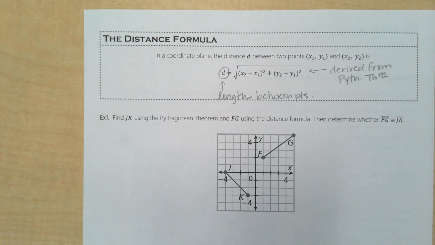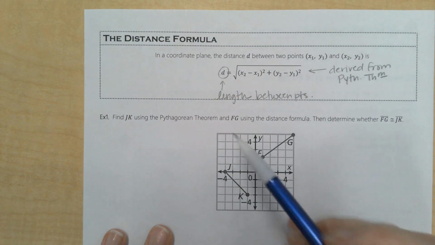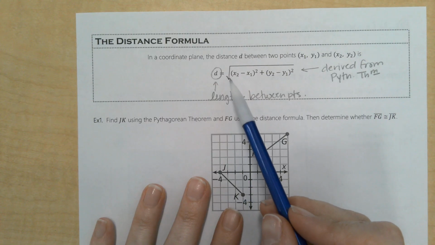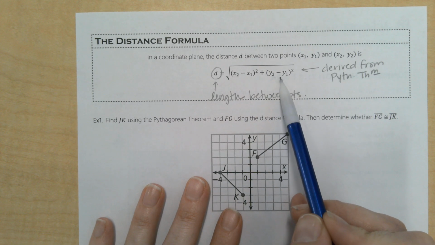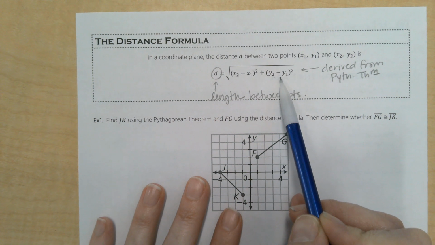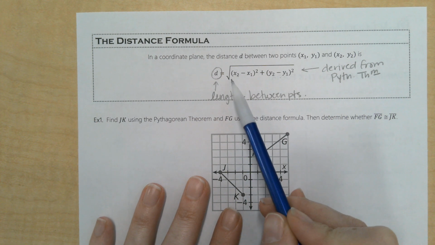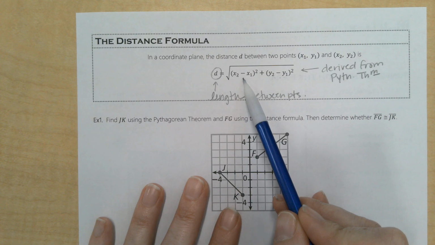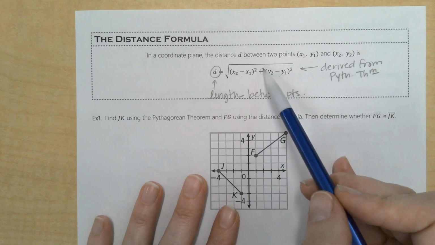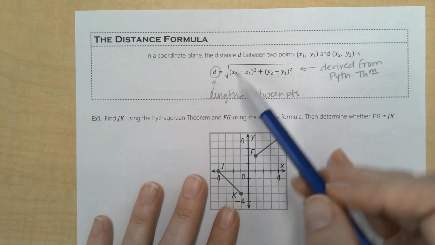Okay, so when we use this, notice x's and then y's. So do you remember this? Alphabetical order. I heard this one time and it was so ridiculous that it helped my students remember. I told them this is the face of a girl.